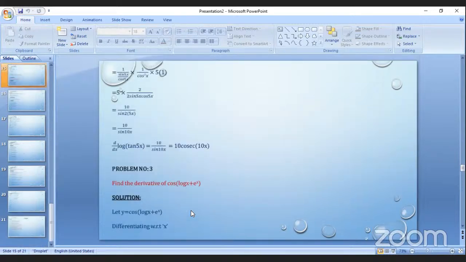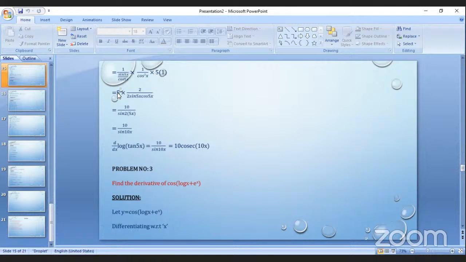Here 1 by tan 5x is written as cos 5x by sin 5x, and secant square 5x is written as 1 by cos square 5x, into 5 as it is.